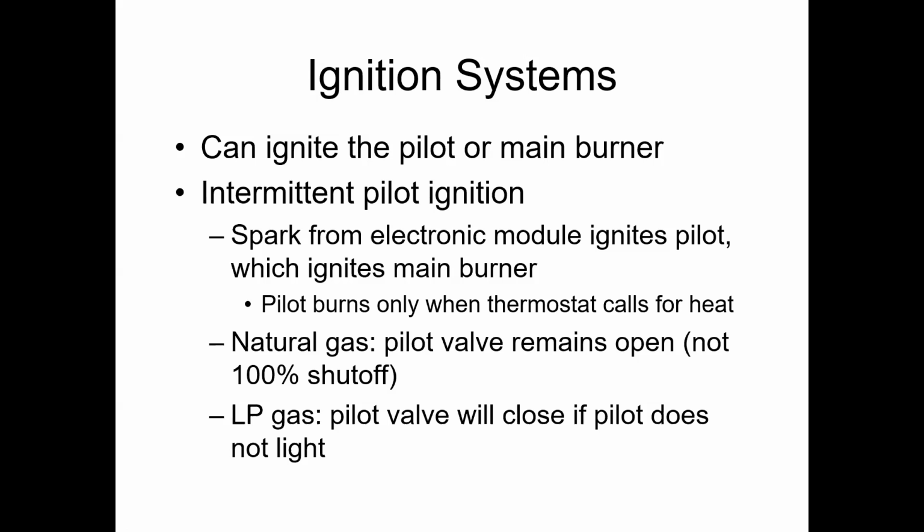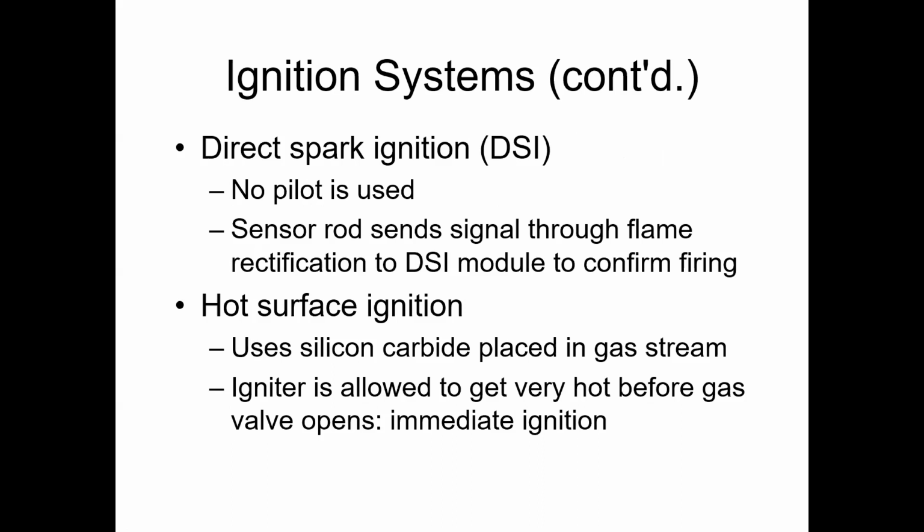It's going to have a solenoid that will be that shut off, if anything. Nowadays, they're putting a shut off in all the systems, natural gas or LP. But older style systems, you will see where natural gas just will let gas keep leaking out, or we'll have a solenoid controlling it.